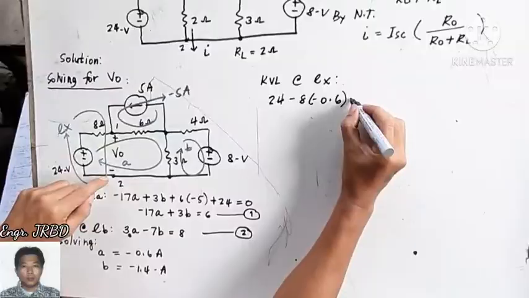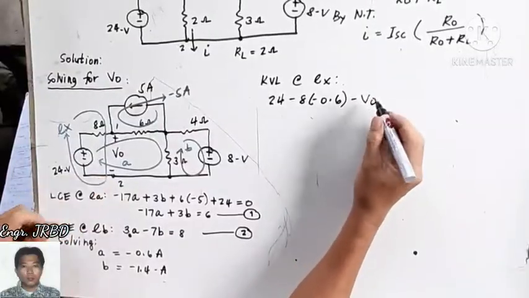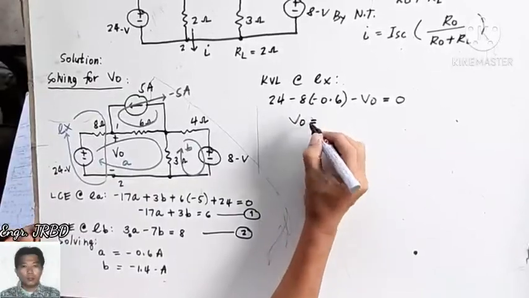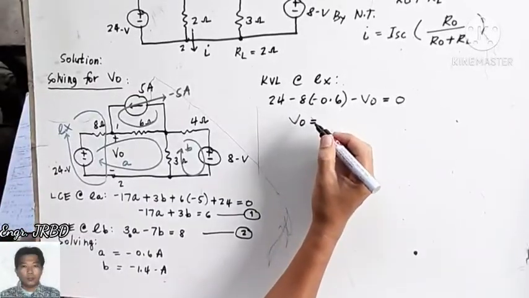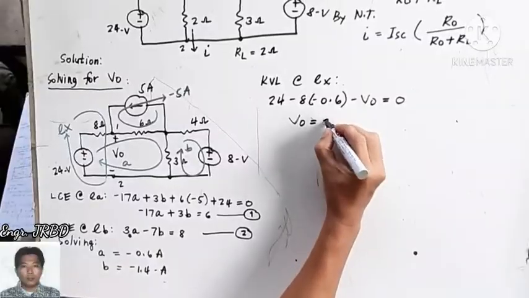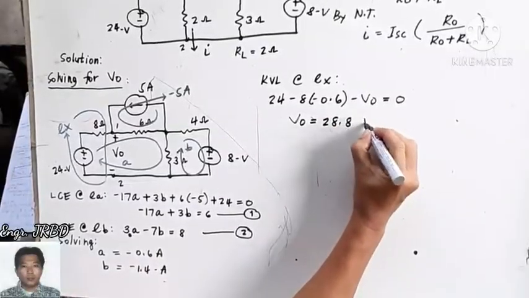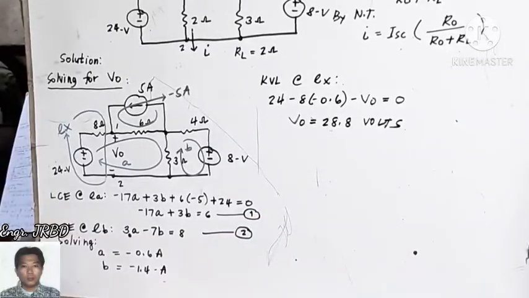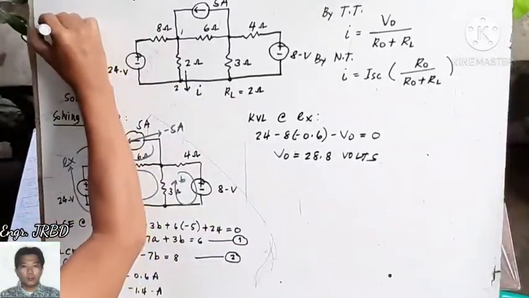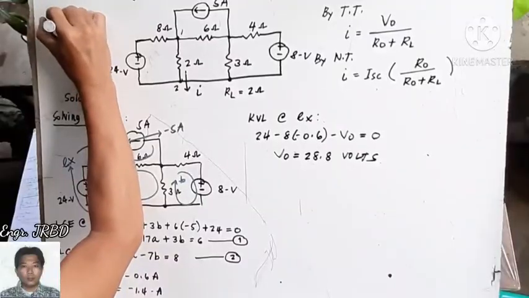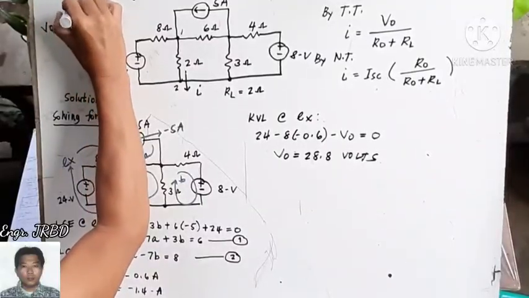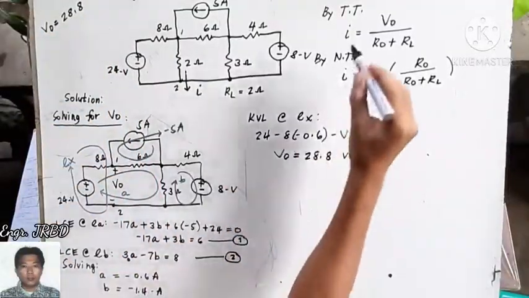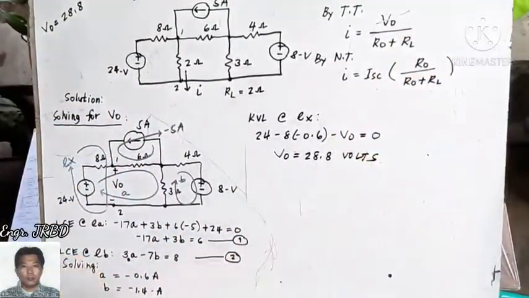From plus to minus, minus V sub O, then you return to 0. So the open circuit voltage is equivalent to 28.8 volts. That is now the open circuit voltage. Okay, let us put it here. V sub O is 28.8 volts. The next thing that we should have is the looking back resistance.